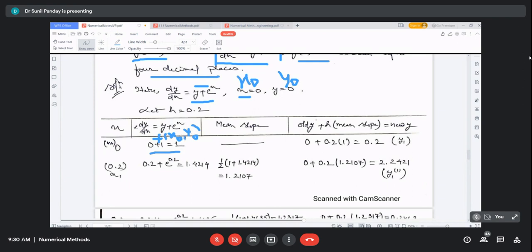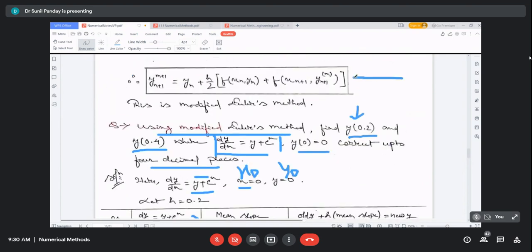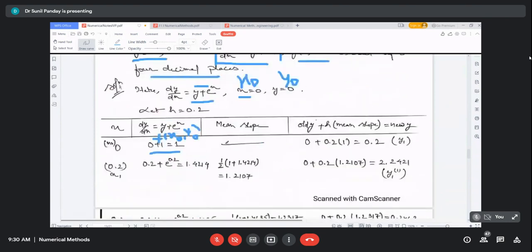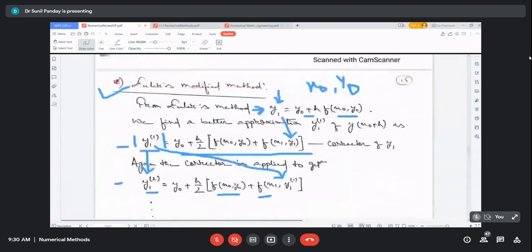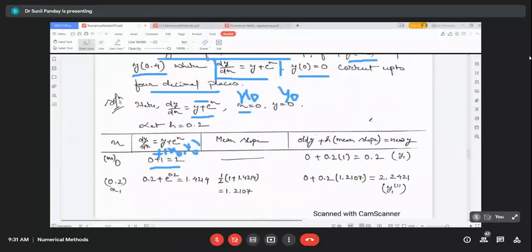Since we are calculating the value of y1 for the first time, this intermediate, which we generally say is the average of two slopes, this is one slope and this is another slope, or we say the mean slope also, is not required for the first step, because in the first step we apply Euler's method to get the value of y1.